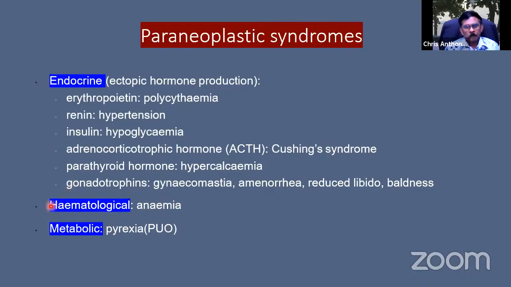Other conditions of paraneoplastic syndrome are hematological, which produces anemia, and metabolic defects, which cause pyrexia of unknown origin.